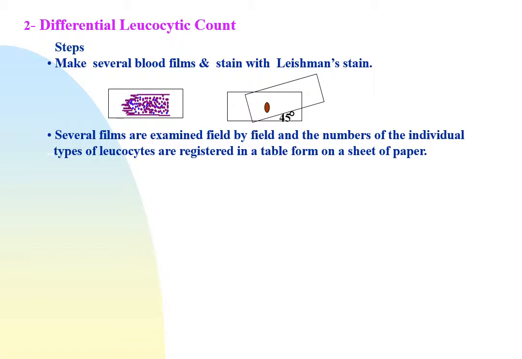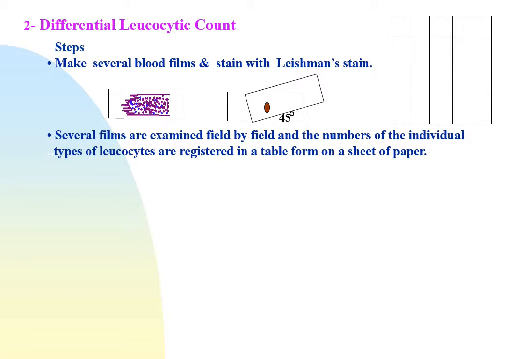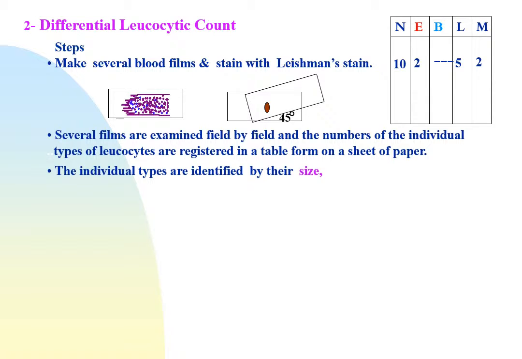Several films are examined field by field, and the numbers of the individual types of leukocytes are registered in table form on a sheet of paper. The individual types are identified by their size, nuclear, and cytoplasmic characters.